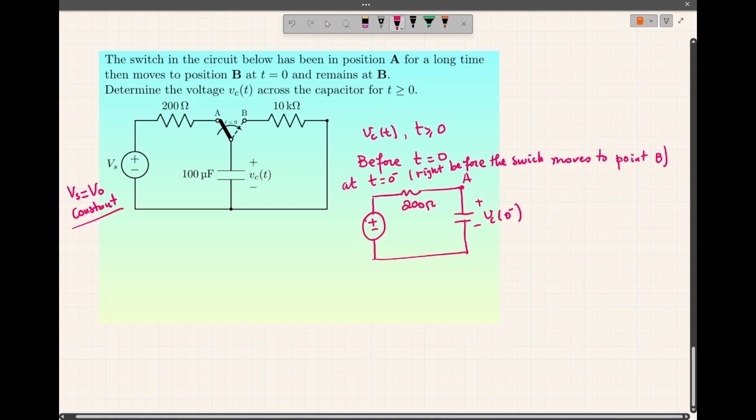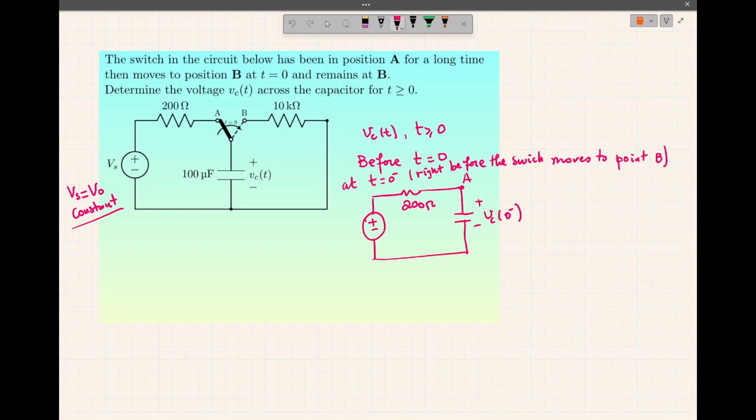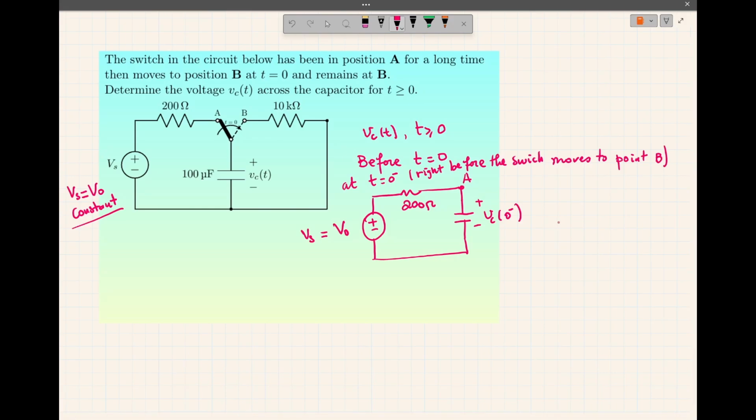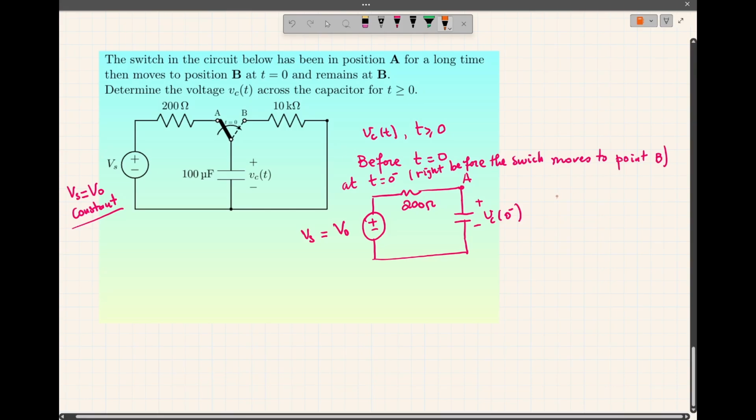Right before the switch moves to point B, this is the network, and we know that this is equal to V0, a constant voltage. In the previous video, we justified why the voltage across a capacitor cannot change instantaneously.